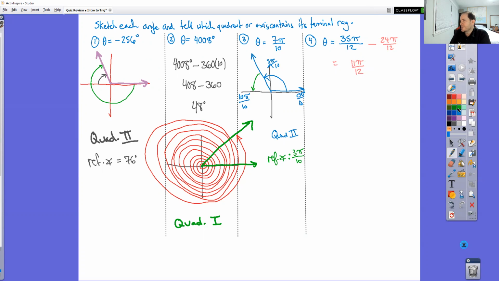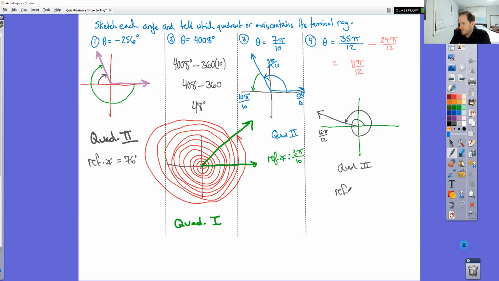Okay, and again, I guess I had a real affinity for quadrant 2 angles when I came up with these angles off the top of my head. But we're in quadrant 2 again, because this would be 12 pi over 12. So if we rotate through 11 pi over 12, well, first we have to do the full rotation. We'd go around, and then 11 pi over 12 means we are almost down to the x-axis, but not quite. So there's your sketch. We live in quadrant 2.